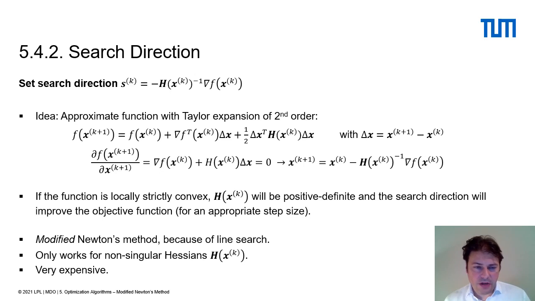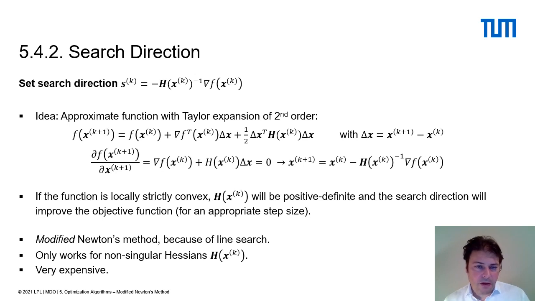The value of the objective function at the next iteration step is the value of the objective function at the current iteration step plus the gradient of the objective function times delta x, where delta x is defined as the difference between the next iteration step and the current iteration step, or the design of those iteration steps, plus the Hessian matrix multiplied twice by delta x. So this is the high-dimensional version of the Taylor series expansion.